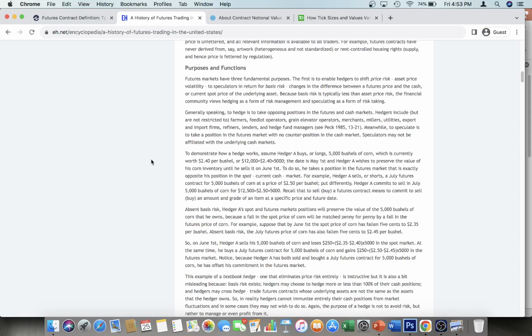He still has the option to close out the contract for a $10,000 loss and then go and sell his corn to whoever he wants to for $7. But what's the point? It's still going to be a $10,000 gain, $10,000 loss. So for him, there's not that much risk of him losing money out of pocket.